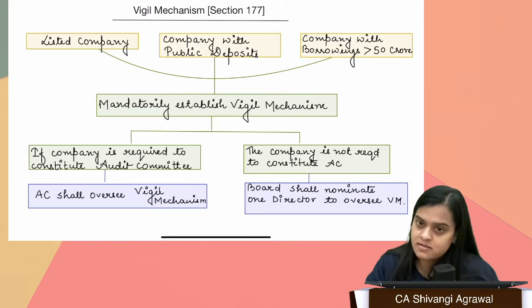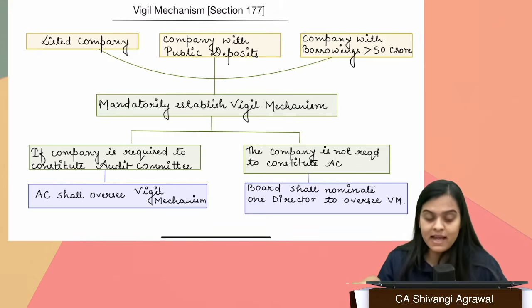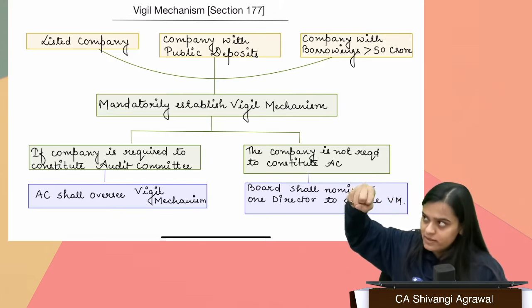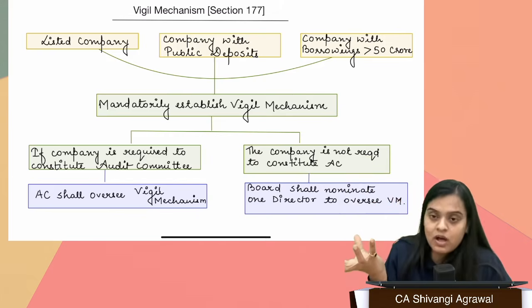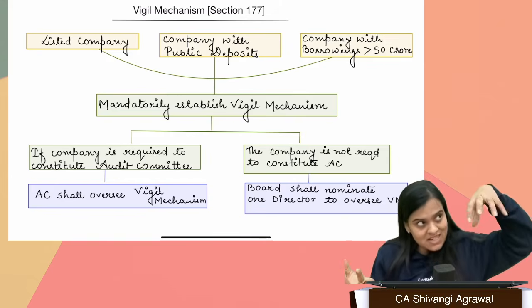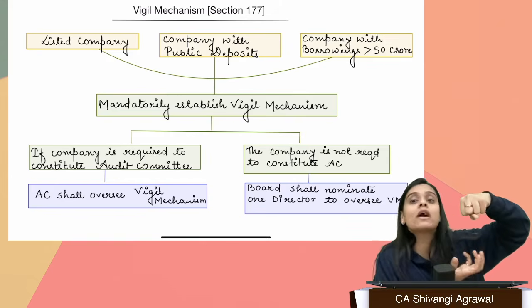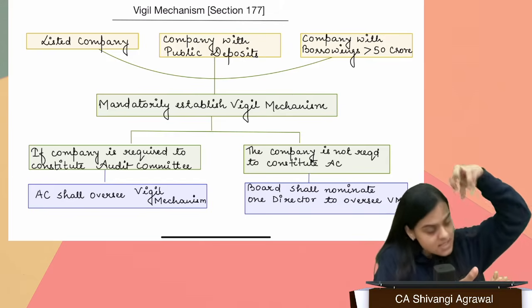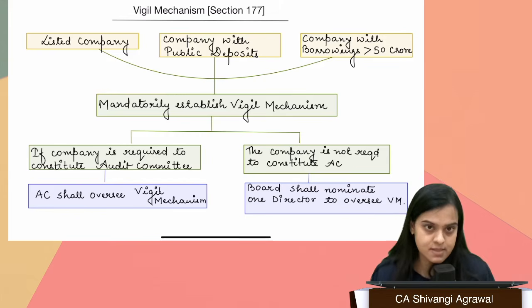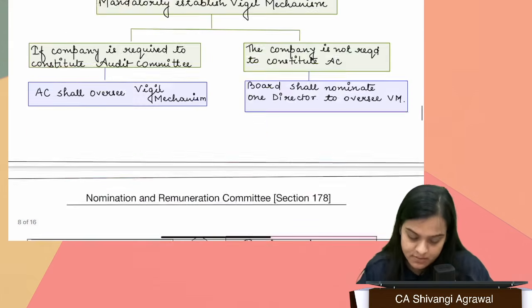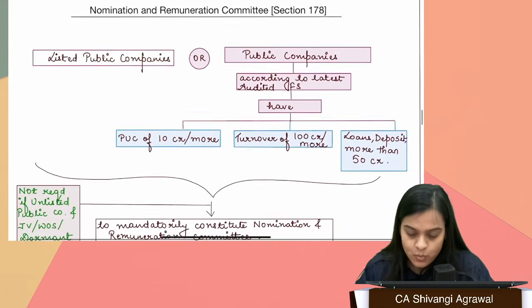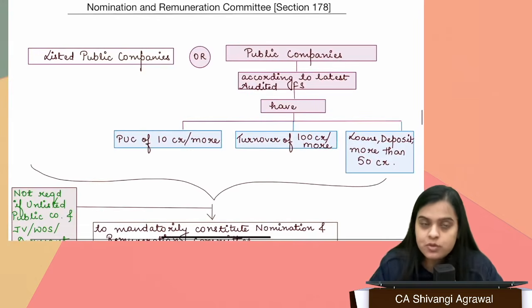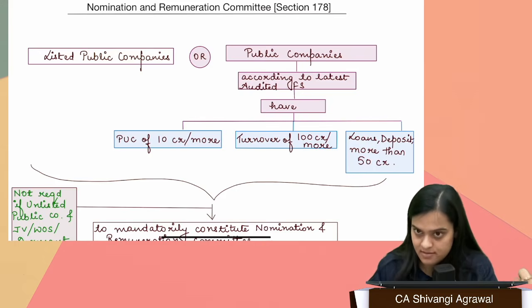Or whoever is overseeing that vigil mechanism, because if the company has an audit committee, then the audit committee is going to look after that vigil mechanism. If the company does not have an audit committee but is required to form a vigil mechanism, then any director who is nominated is going to look at the vigil mechanism. Okay, fine, clear?